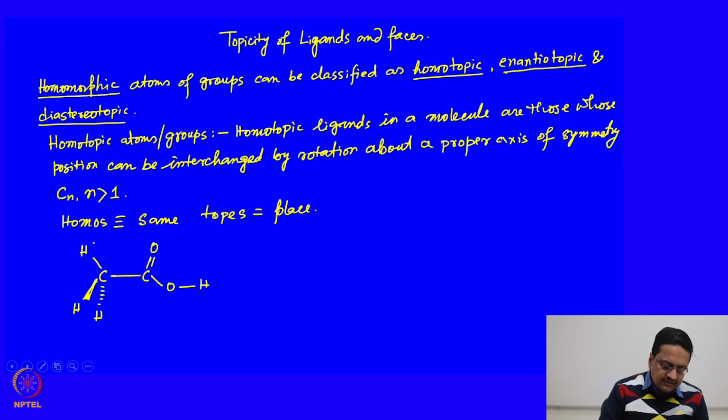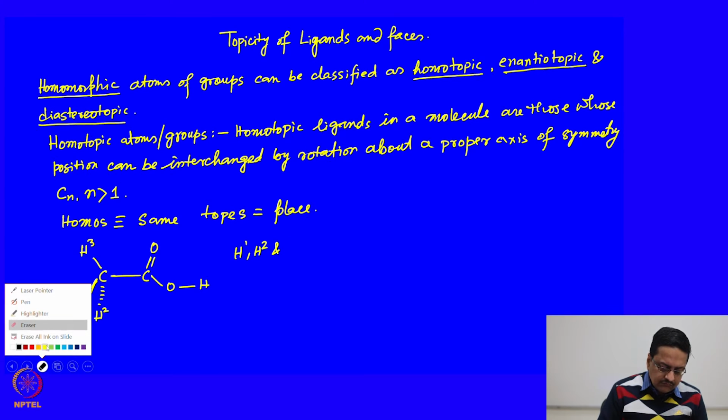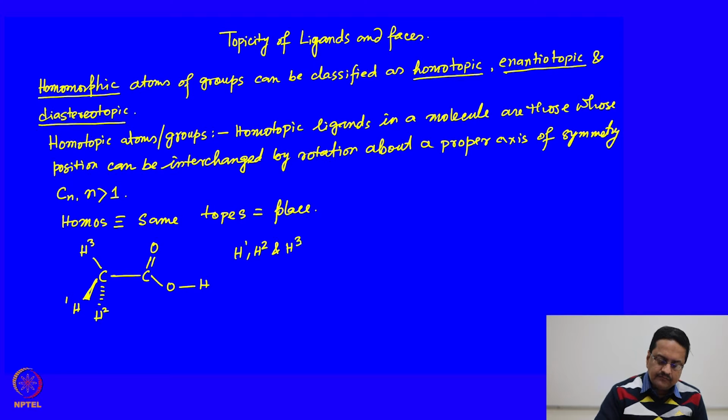These three hydrogen atoms, marked here as 1, 2 and 3, H1, H2 and H3, are homotopic because they are related by C3 symmetry.